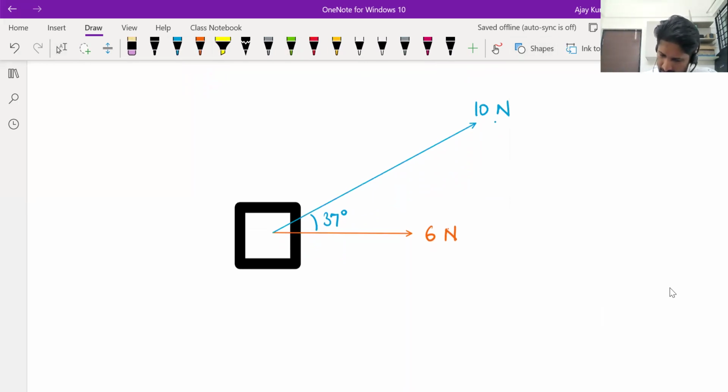Let's take it at some angle like this. At what angle is it acting? 53 degrees.